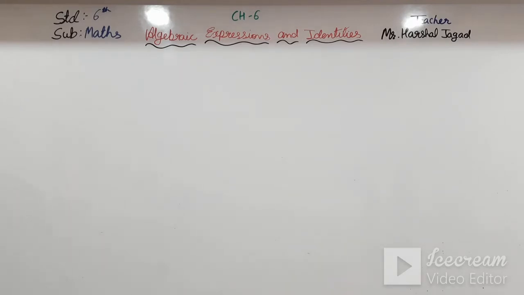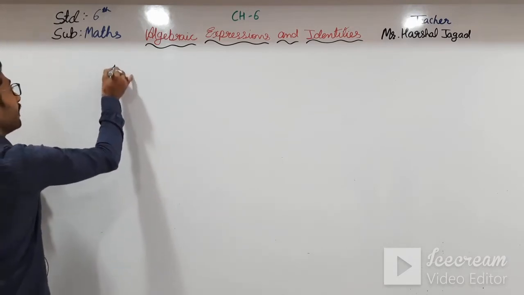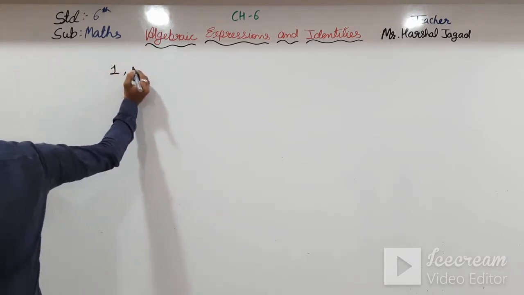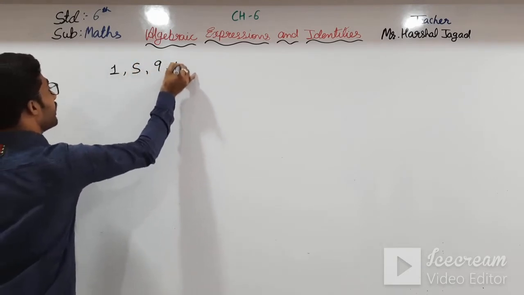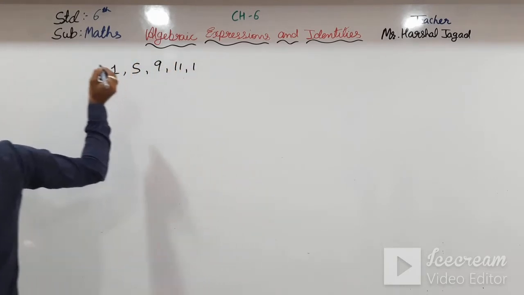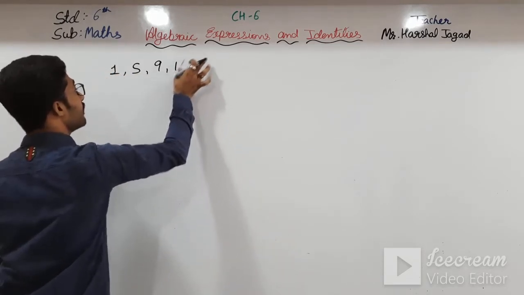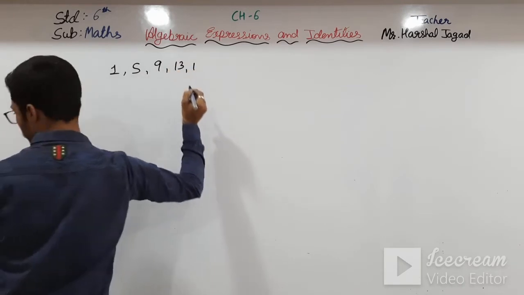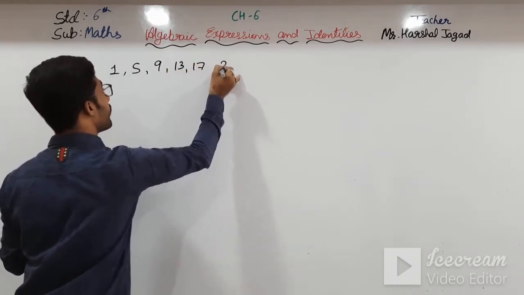See here, the given numbers are 1, 5, 9, 13, 17 and 21.